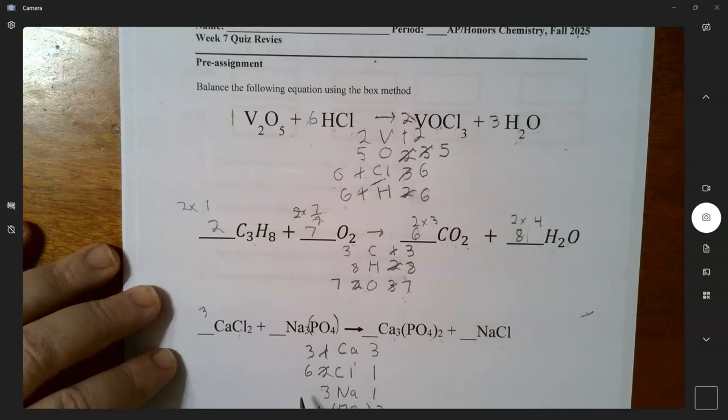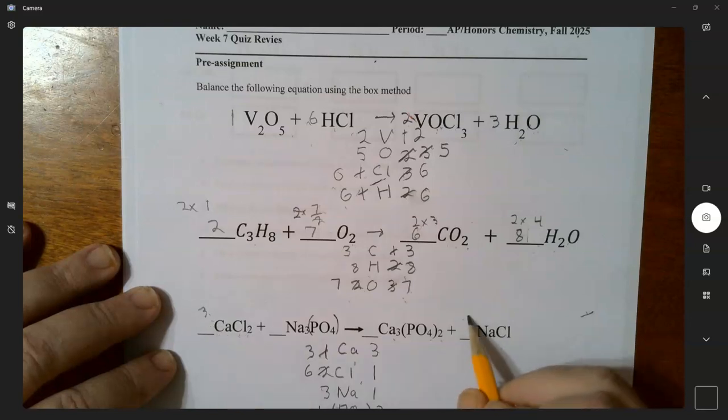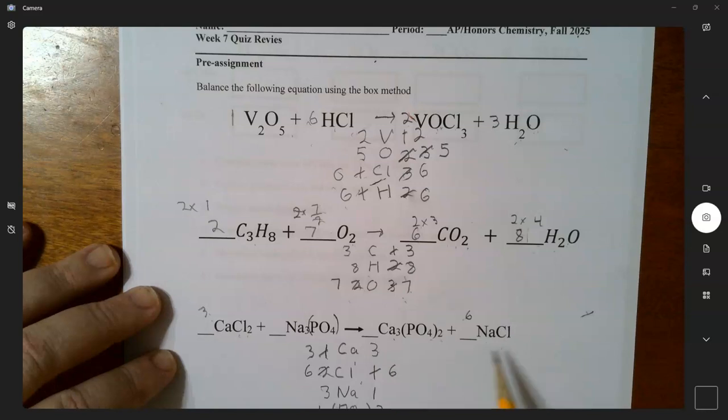Alright, so now calcium's in balance. Chlorine, I'll go to that next. Over here there's 1, over here there's now 6. 2 times 3, so I'm going to put a 6 up here. Also changes sodium, makes that a 6. Now I have 3 sodium here and 6 over here, 6 times 1.